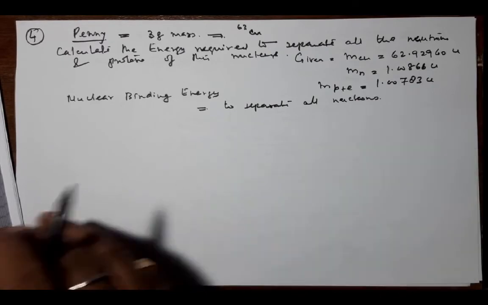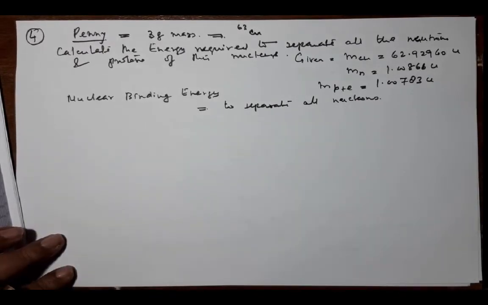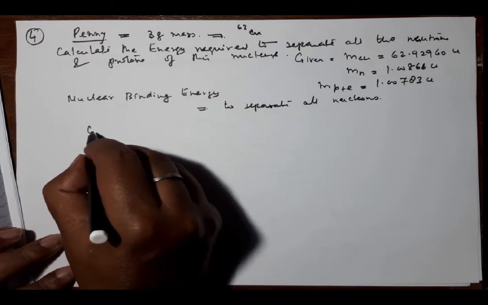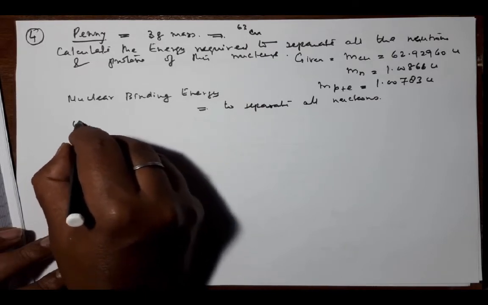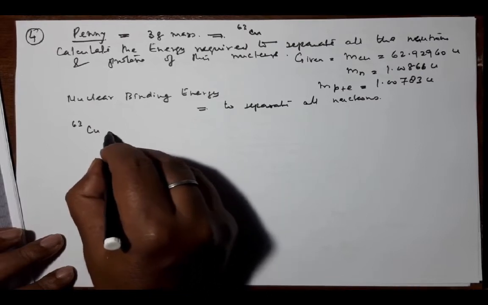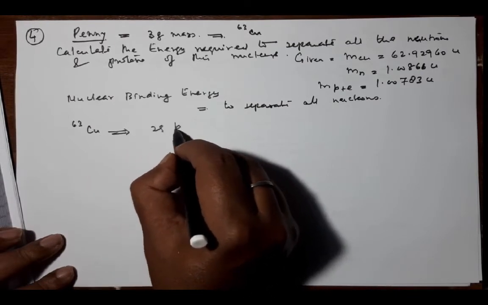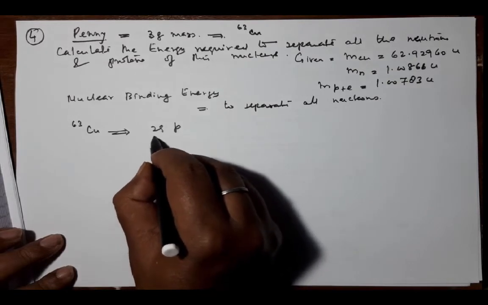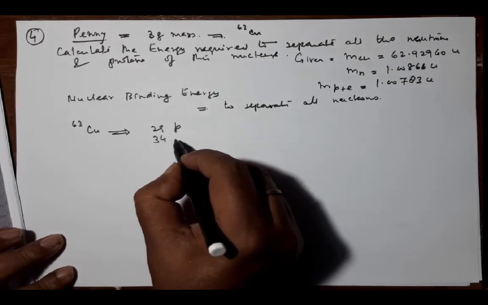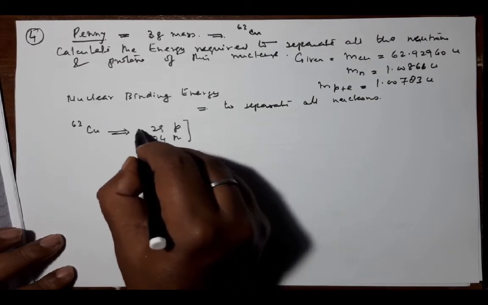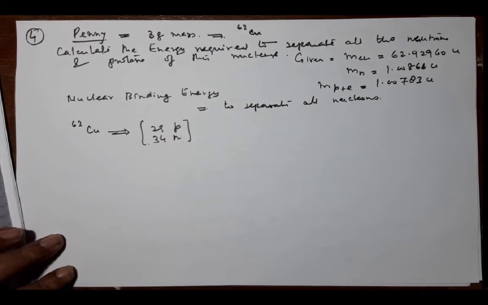Okay? Here in this copper nucleus there will be 29 protons and 34 neutrons. This we have to remember.